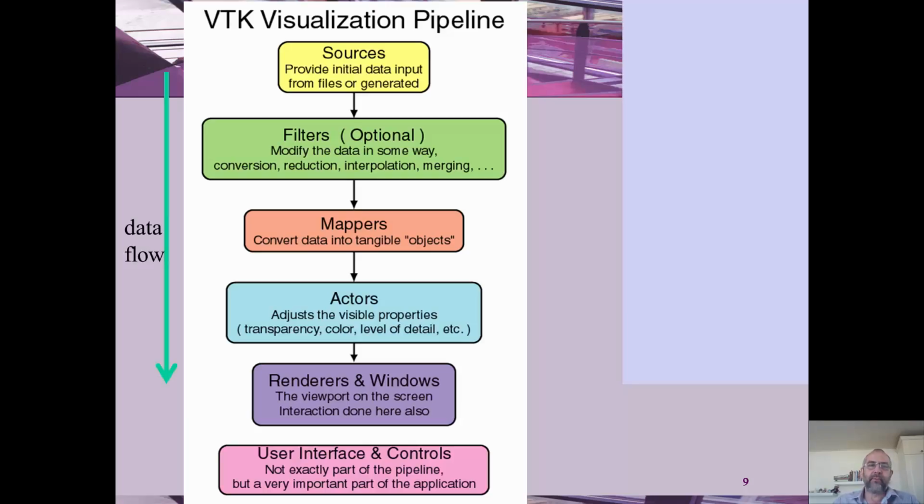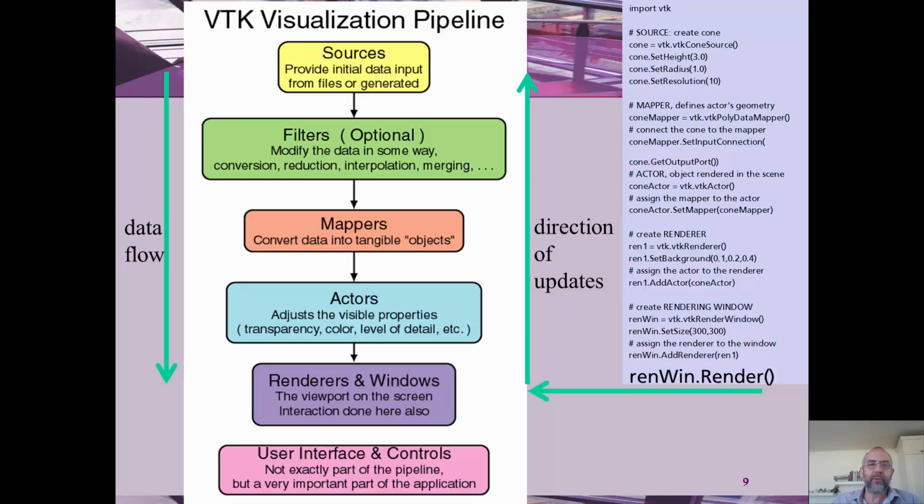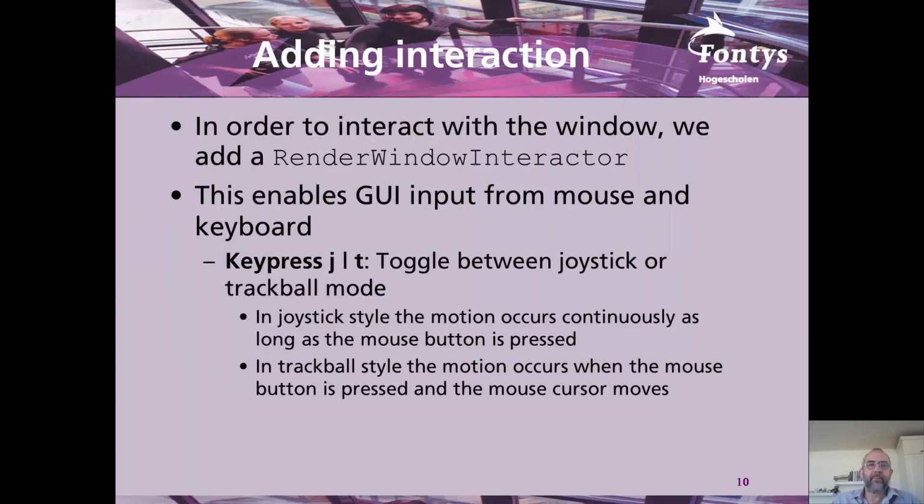So, yeah, what do we have to do to get that? We have to add something that keeps on rendering the window. What we could do is put the render operation in a while statement or a for statement, so that it's repeated. But a nicer way is to add this, what we see here, the render window interactor.